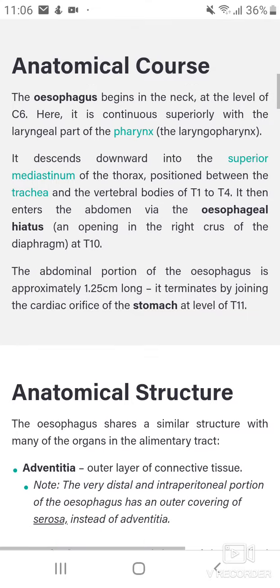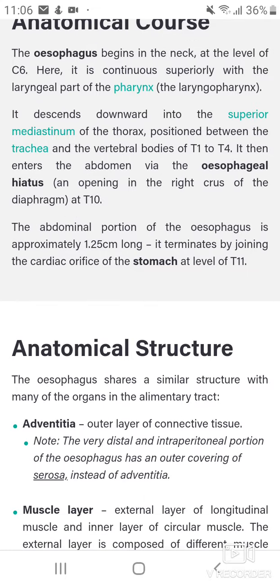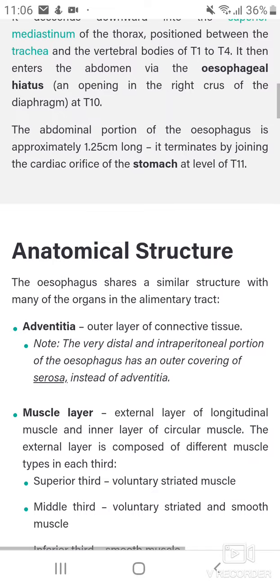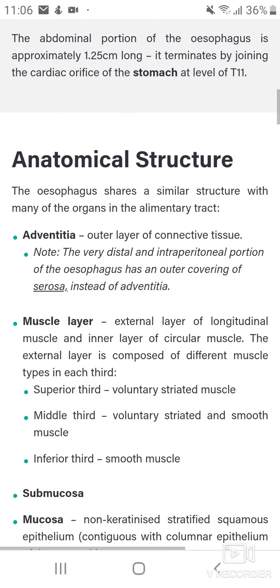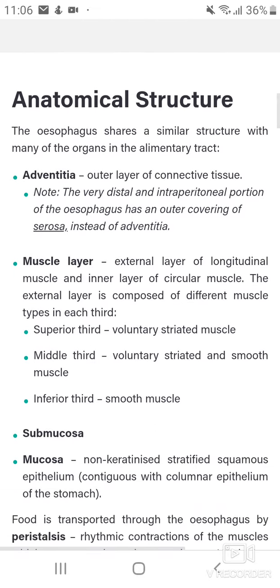Next, we are discussing anatomical structure. The esophagus shares a similar structure with many of the organs in the alimentary tract. First of all, adventitia, the outer layer of connective tissue. Note, the very distal and intraperitoneal portion of the esophagus has an outer covering of serosa instead of adventitia.